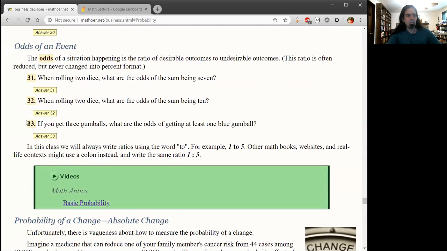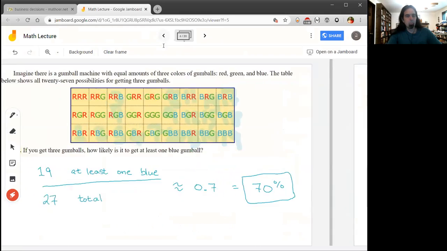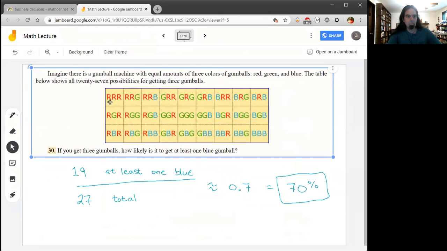Okay, let's go back and do this one with odds too. Oh, I have to copy it above.